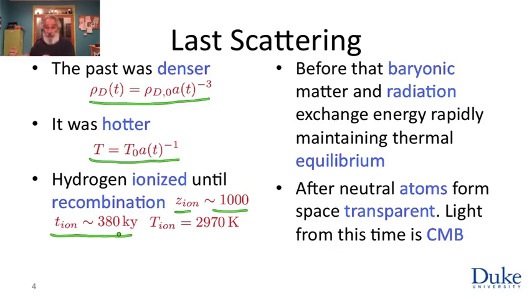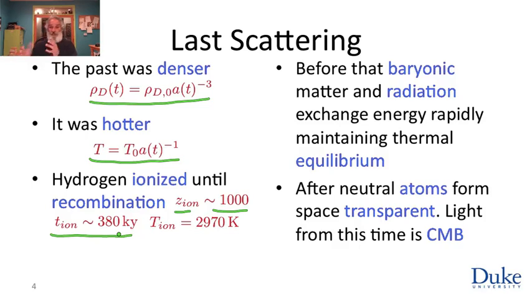Remember that in the sun, under similar conditions, a photon takes 100,000 years to penetrate the radiation zone, because a photon is absorbed and re-emitted and scattered mostly off of the free electrons in the plasma. So before the time of ionization, before this time 380,000 years after the Big Bang, photons didn't get very far.